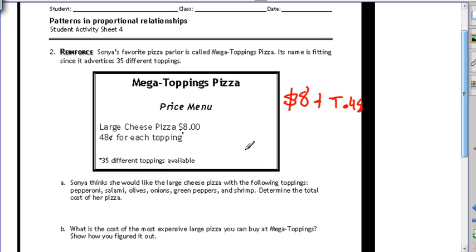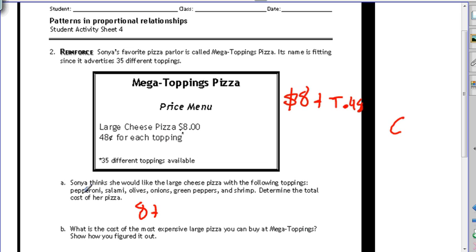Sonia decides she wants the large pizza, right? The toppings that she gets are the pepperoni, salami, olives, onions, green peppers, and shrimp. That's weird. So how much does her pizza cost? So we need to figure out cost. We know that she's going to pay $8, but we have to figure out what we're going to times the 48 cents by.